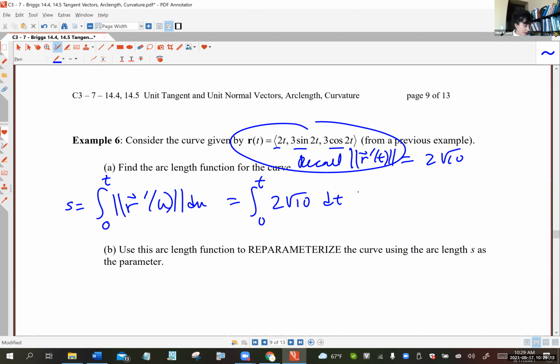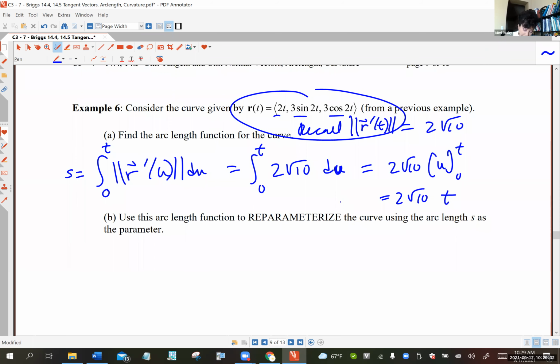We're lucky here. And then the integral of 2 square root of 10 with respect to u, sorry, is just 2 square root of 10 times u, where u gets evaluated between 0 and t, but that's just 2 square root of 10 times t. Fine, so that's an arc length function.